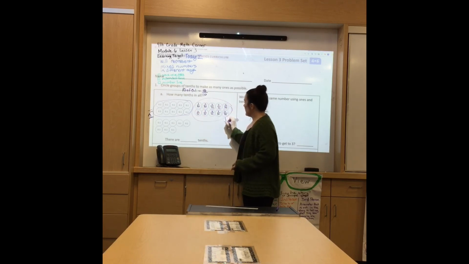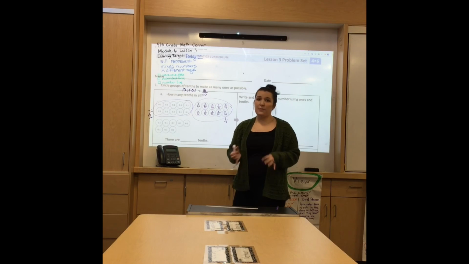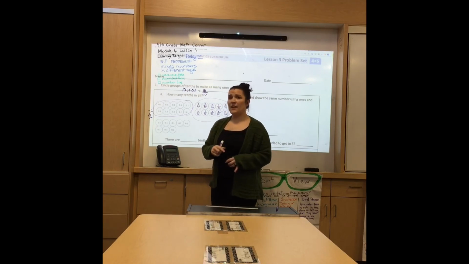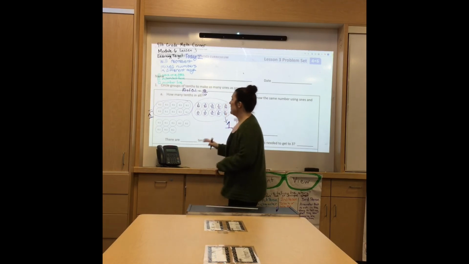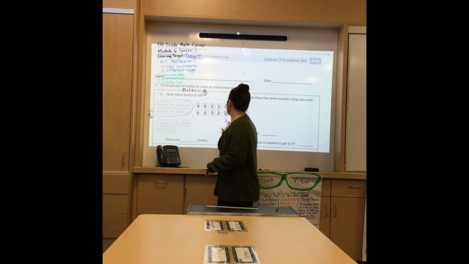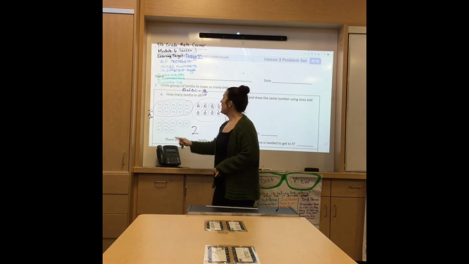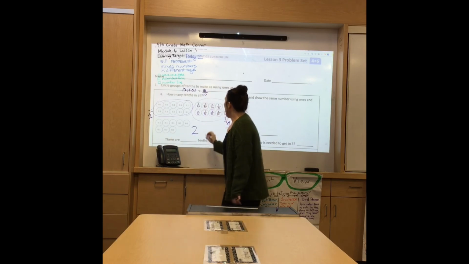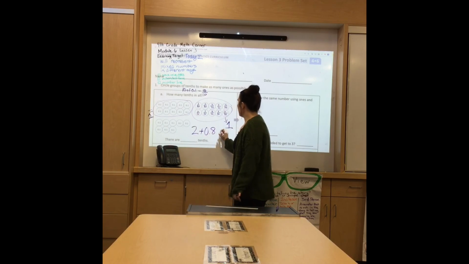And the reason I'm suggesting this is that we're more familiar right now with fractions. So we're going to use what we're familiar with. Okay? So that's 1 whole. And then I have to count out to see what's left. So as of right now, I know there are 2 wholes. And I have 0 and 1 tenth, 0 and 2 tenths, 0 and 3 tenths, 0 and 4 tenths, 0 and 5 tenths, 0 and 6 tenths, 0 and 7 tenths, 0 and 8 tenths. So I'm going to add 0 and 8 tenths to this.